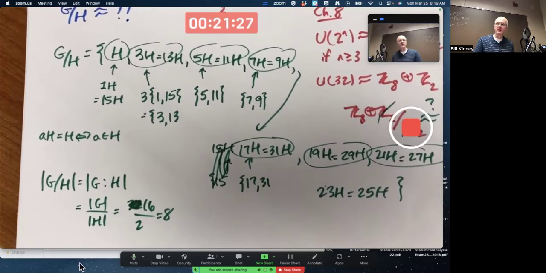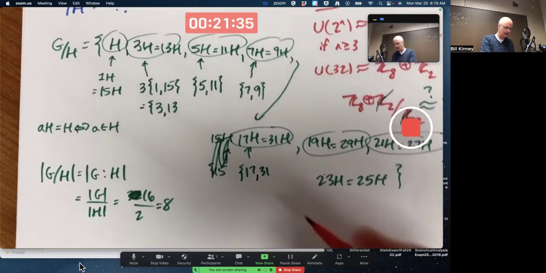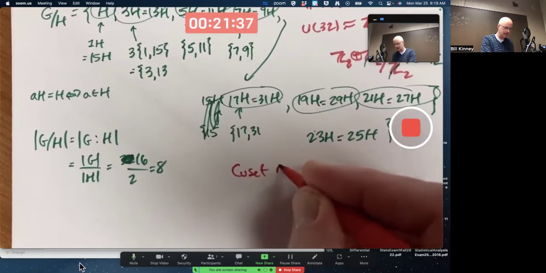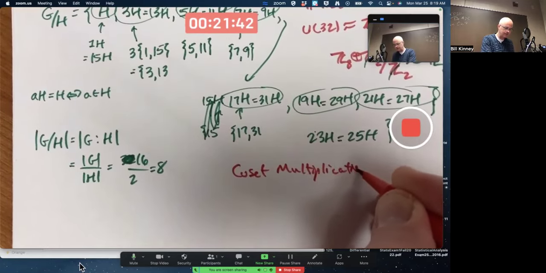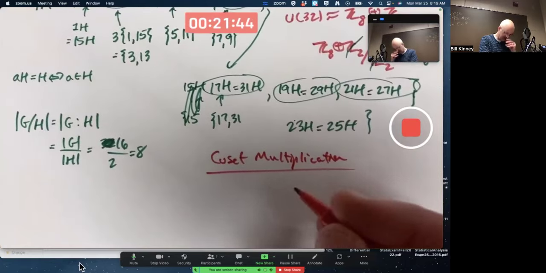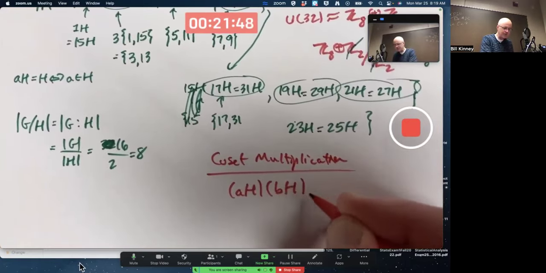These form a group under coset multiplication. What's coset multiplication? You multiply cosets AH and BH by multiplying their representatives.